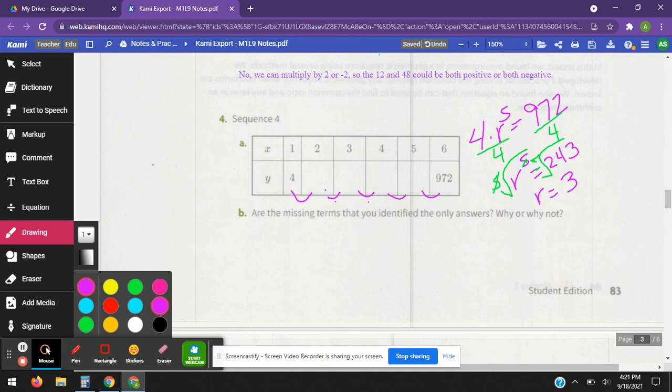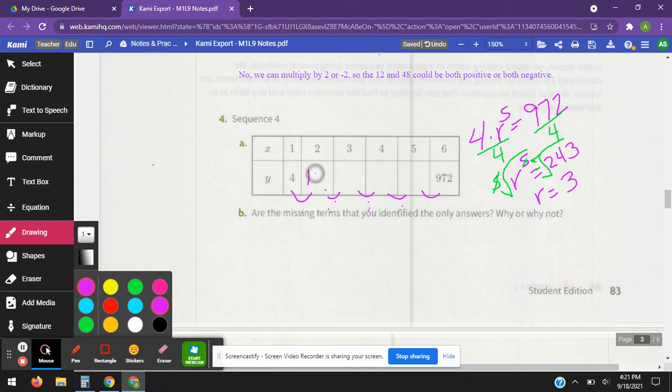3 times 3 is 9. 9 times 9 is 81. 81 times 3 is 243. And then, are these the only missing terms? No. Negative times a negative is a positive, positive and a negative is a negative, negative and a negative is a positive, positive and a negative is a negative. Nope. This is it.